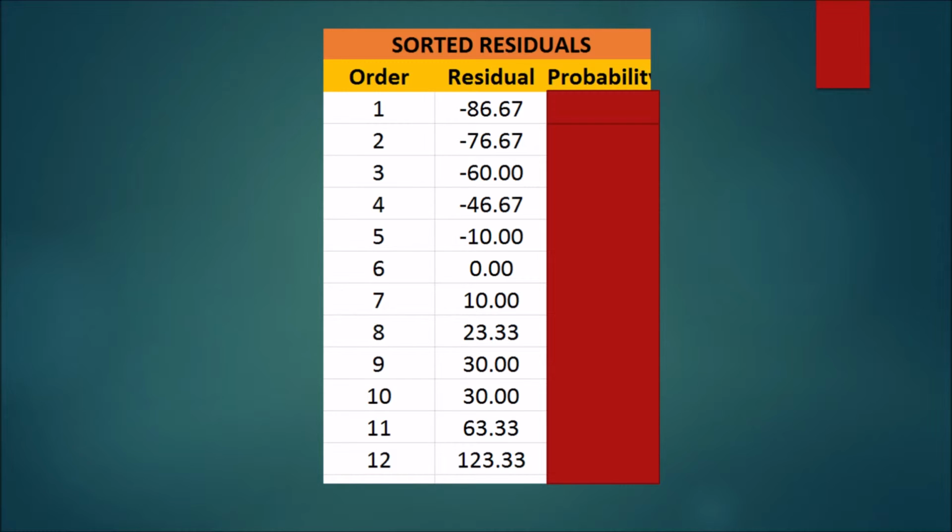The probability is assigned by subtracting 0.5 from the order and dividing it by the total number of residuals. For the first row, the answer would be 0.04. If we do this for the other 11 residuals, the answer would be as follows.